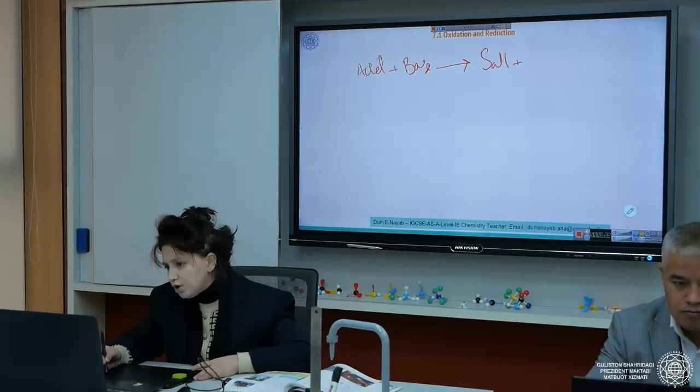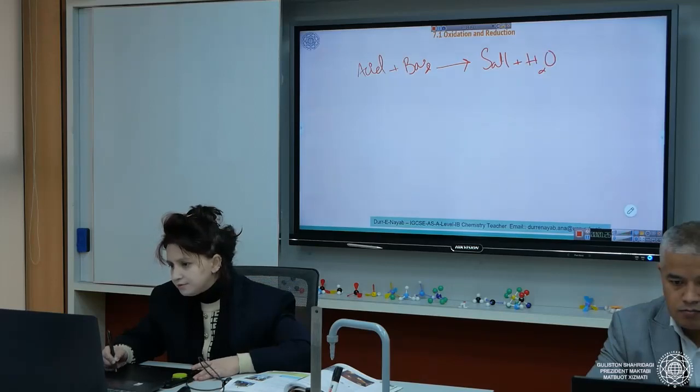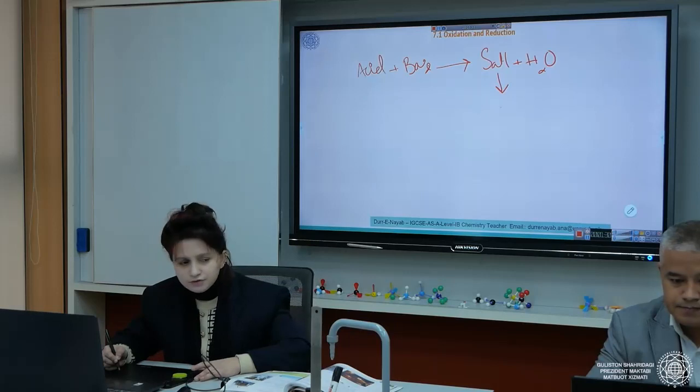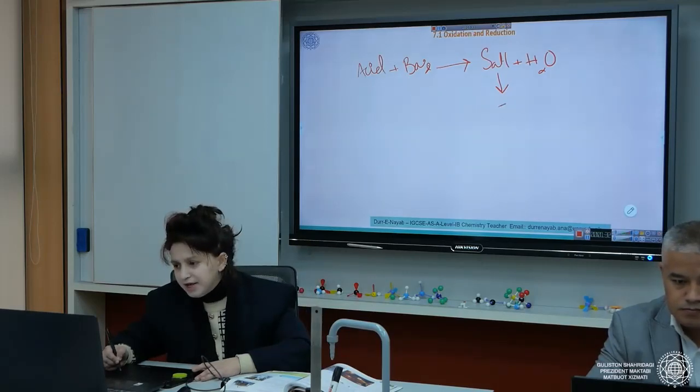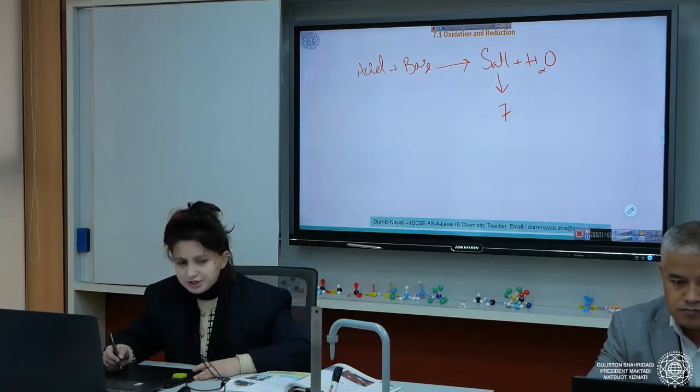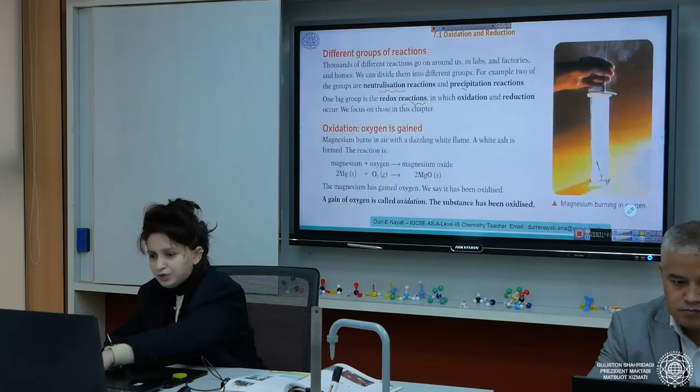Okay, so why is it called neutralization? Yes, the pH is neutral, so that is why the pH is 7. As a result of this acid and base reaction, they produce a neutral salt, that is why it is called a neutralization reaction.